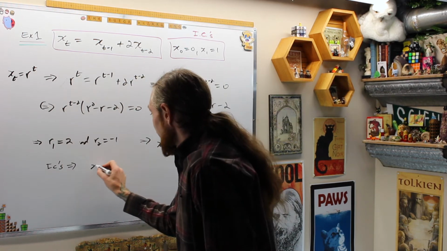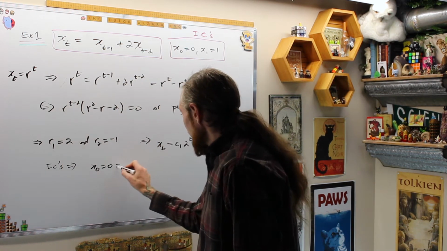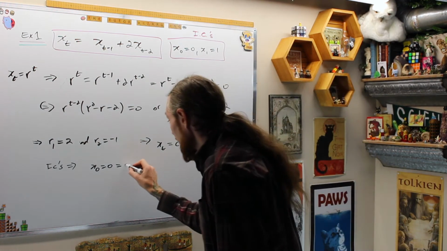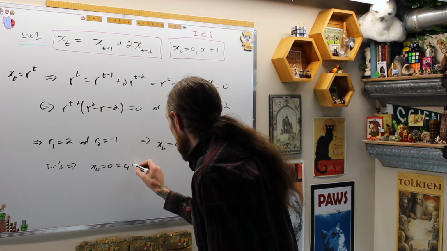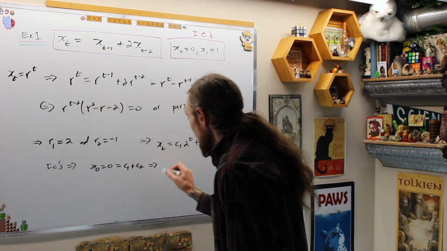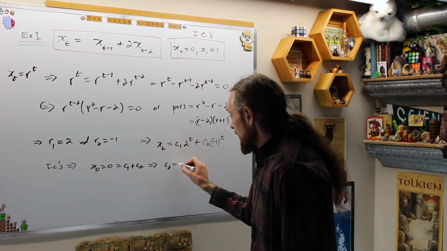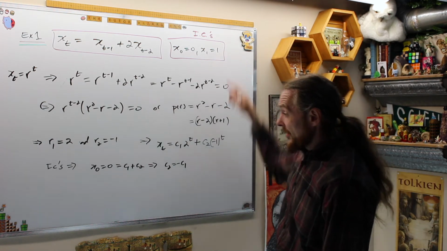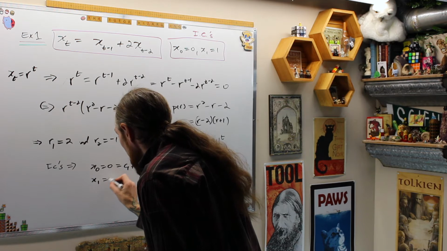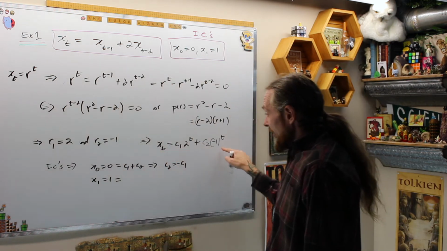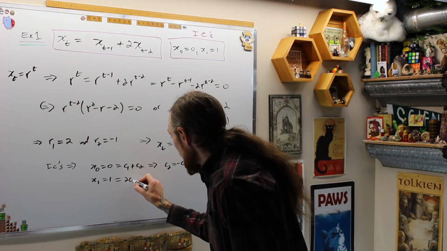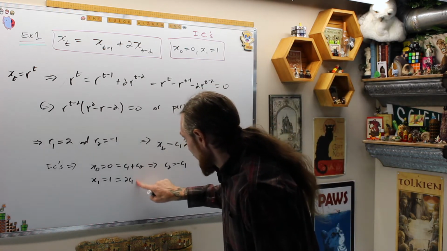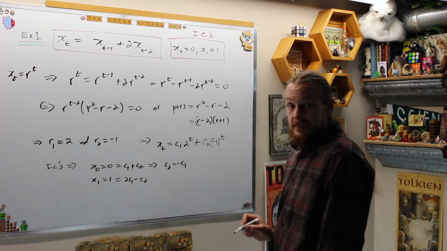We get x0 is 0, so we put 0 into this formula and get c1 plus c2. So this immediately tells us that c2 is equal to -c1. And then from the other initial condition, x1 is 1. Putting that in here, we get 2c1 minus c2.